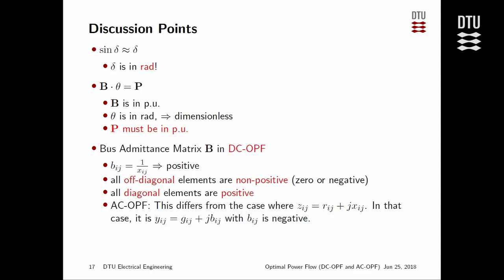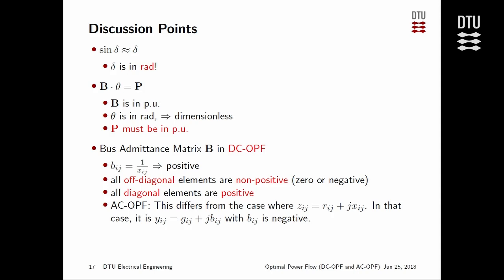When you do AC-OPF, you invert the whole complex part, and there's going to be a minus here, and you must make sure that it is there. Otherwise, your formulation is not going to be correct. You cannot take the imaginary part of your admittance matrix for the AC-OPF and say that this is my bus susceptance matrix. No, it's not. Shall I say that again? Yes, please. Great.